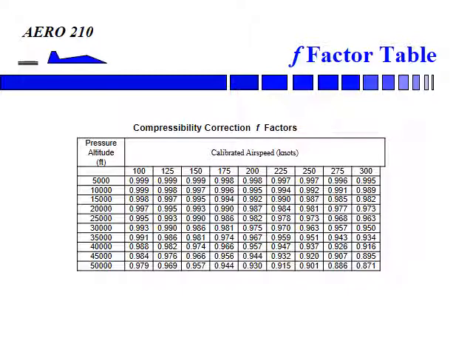We determine the value of the F factor that we should use from a table like the one on page 568 of your textbook, or the one shown here in the slideshow. Notice that at low speeds and low altitudes, the F factor is very nearly 1, and the correction is very small.